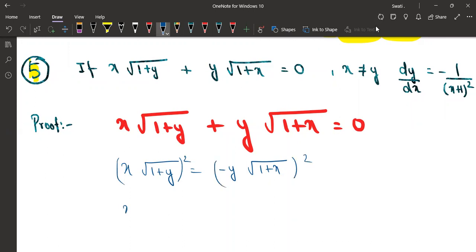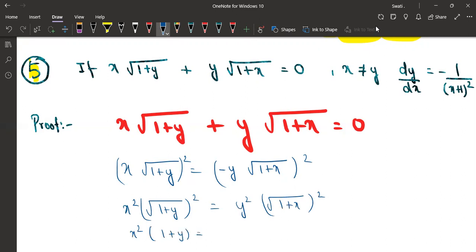So the square will be actually x square, and this is root over 1 plus y whole square, right? Is equal to, this minus square will become plus y square, and this will become root over 1 plus x whole square. We know that the square and root will get cancelled, right? So this is x square as it is, and this will become just 1 plus y. And here y square as it is, and this will become just 1 plus x, because square and root will get cancelled.